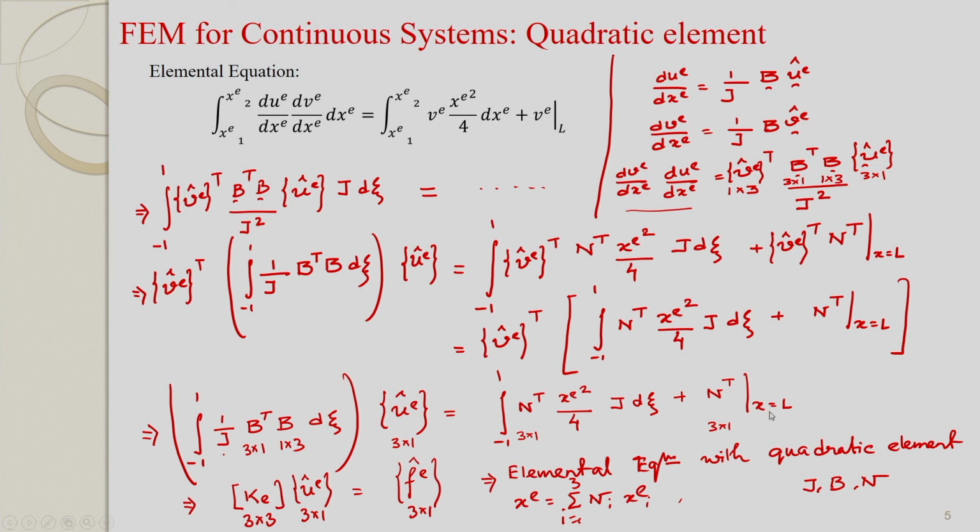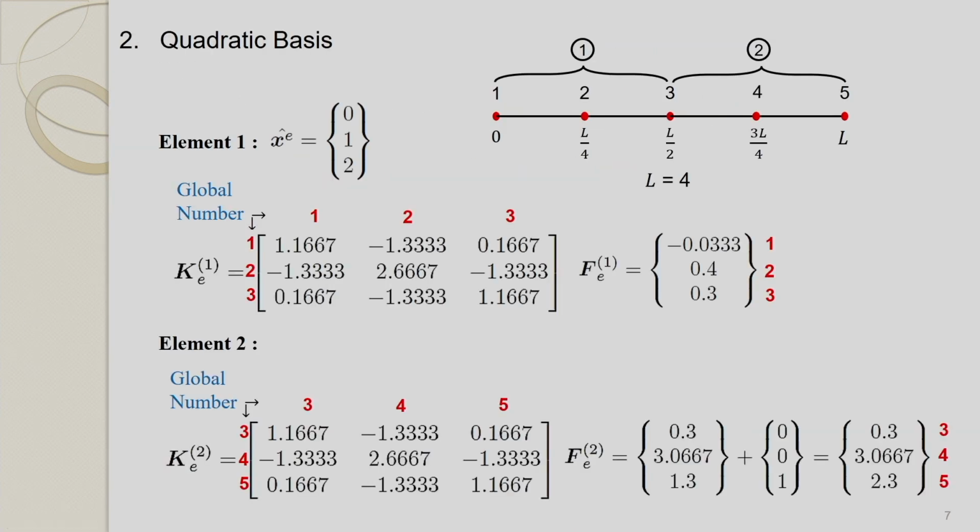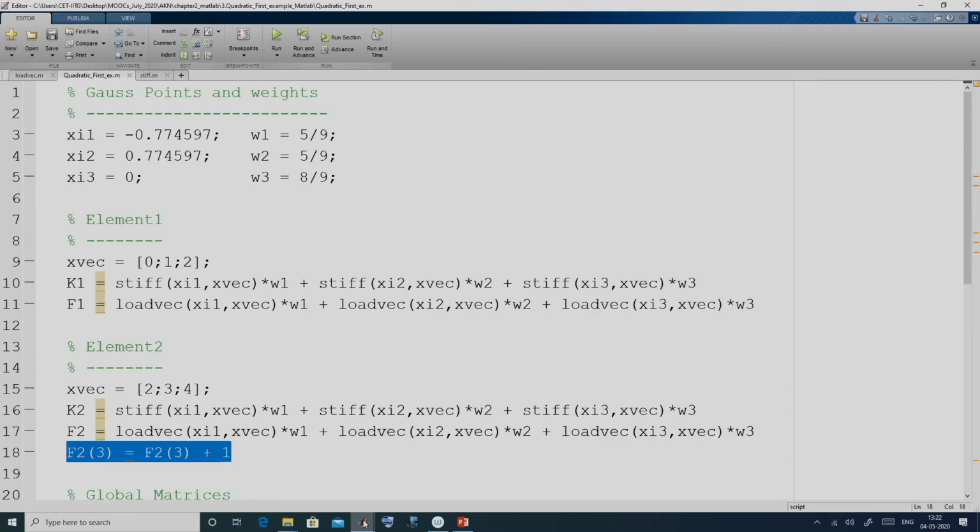So, at x equal to L, N1 is 0, N2 is 0 and N3 is 1. This is the second part of the load vector, which only appears in the second element, because the boundary point is part of the second element.